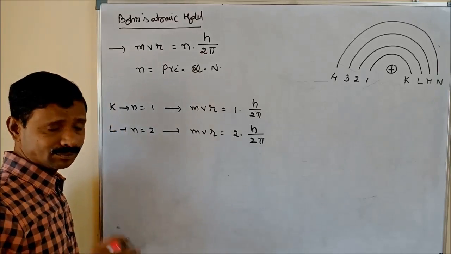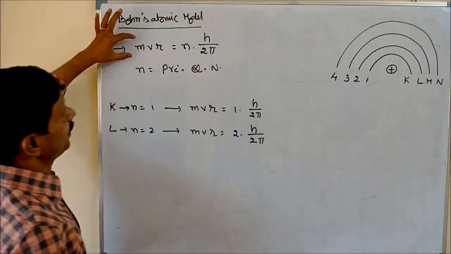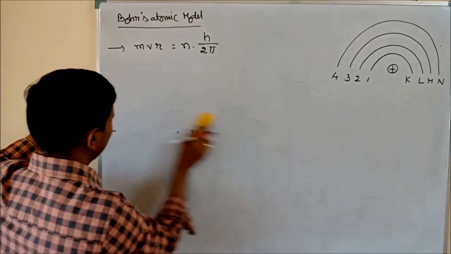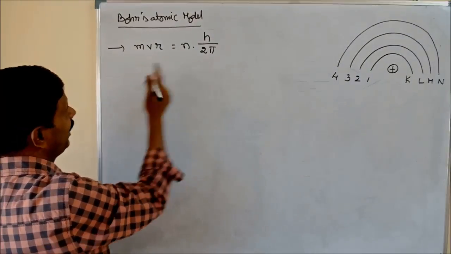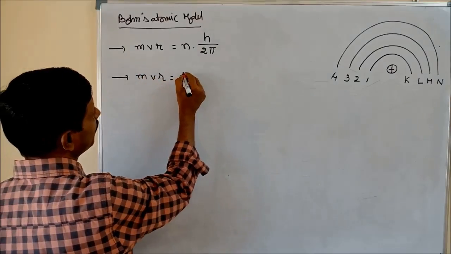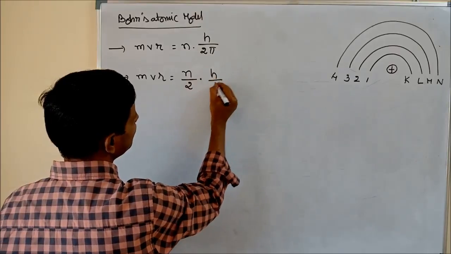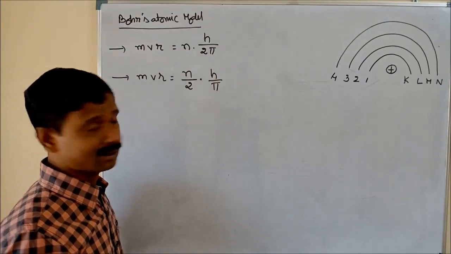Now, in our objective pattern, since mvr equal to n into h by 2 pi, we can mention the formula in two ways. This is one way, and another one is mvr equal to n by 2 into h by pi, where h by pi is a constant.